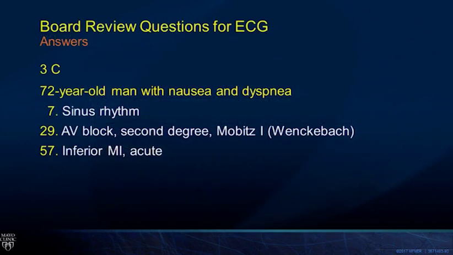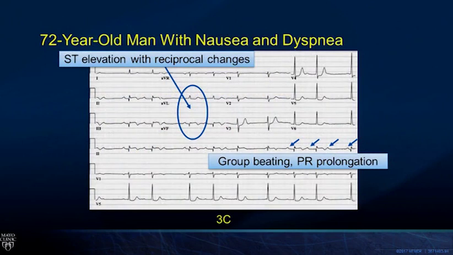Okay, so I read this out as sinus rhythm, second degree AV block, Mobitz 1, and acute inferior MI. And this is an example of what I was talking about earlier. It's the kind of association that you might expect in this situation. And whenever you see this sort of group beating, so you see a series here, a series there, and a series there, there's some form of conduction going on, and it's usually second degree Wenckebach type conduction.